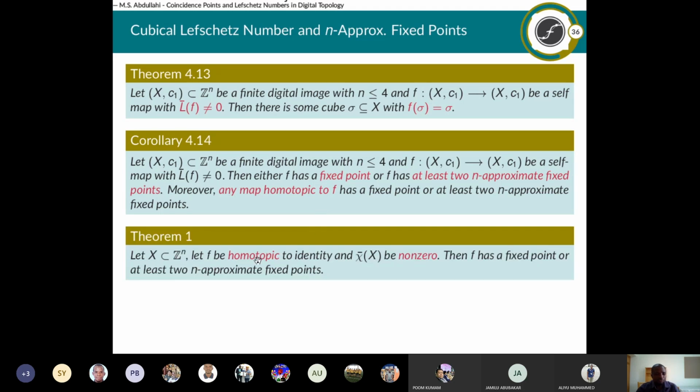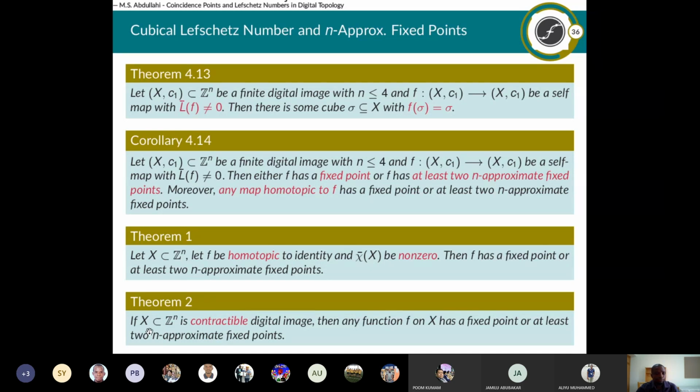Also, if the function F is homotopic to identity, and the cubical Euler characteristic is non-zero, then that function will have either a fixed point or at least an approximate fixed point.